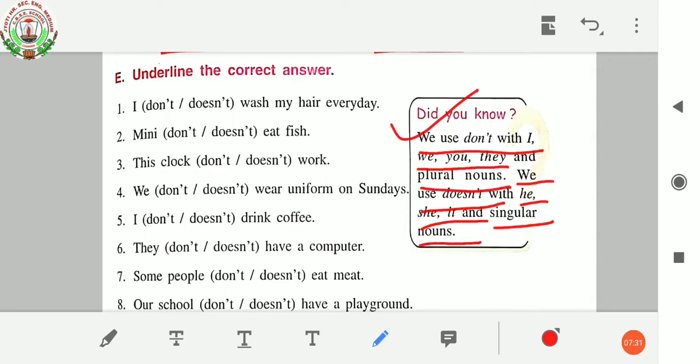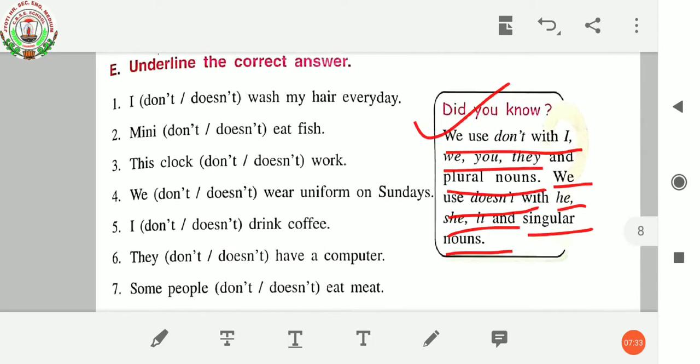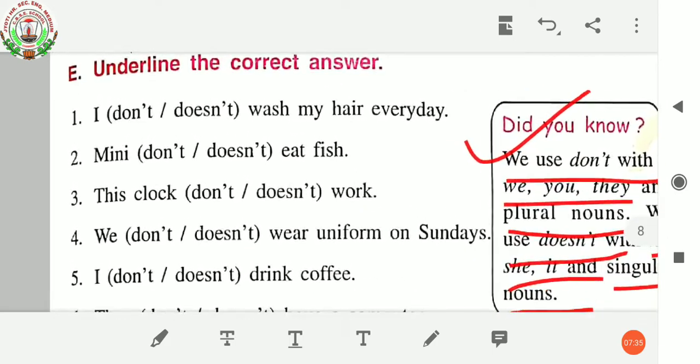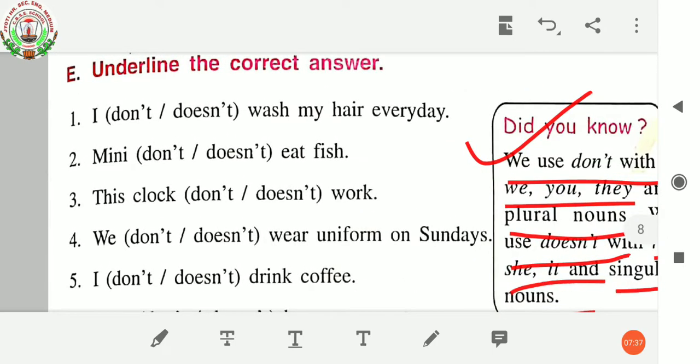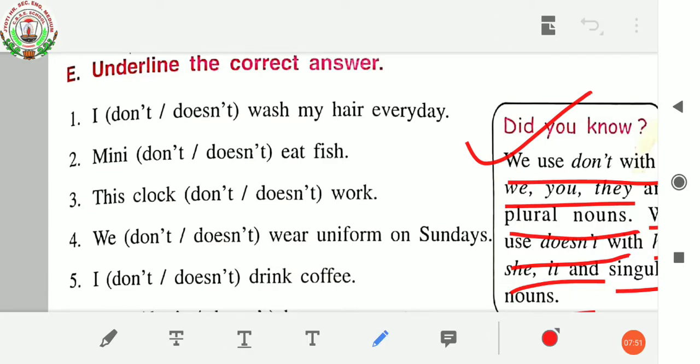Okay, so let's begin. The first one is I, in the bracket it is written don't or doesn't wash my hair every day. So with I we have to use don't. I don't wash my hair every day.